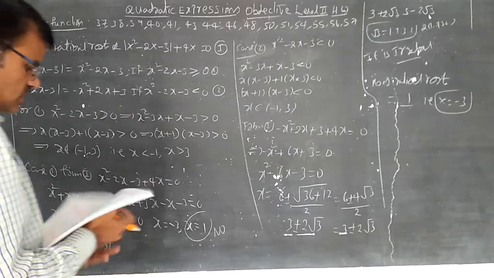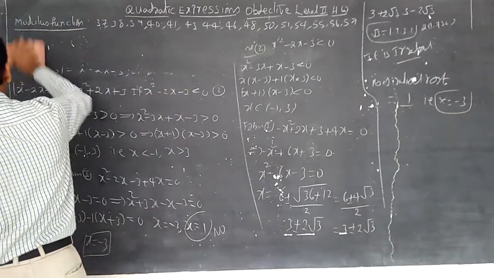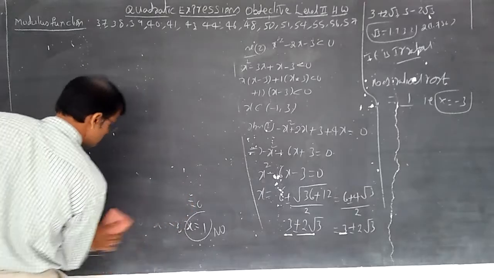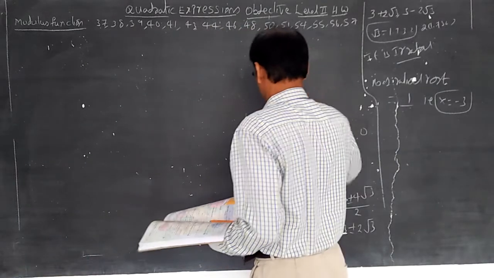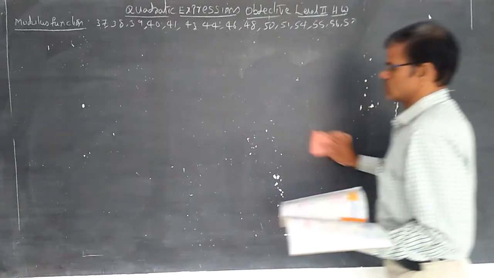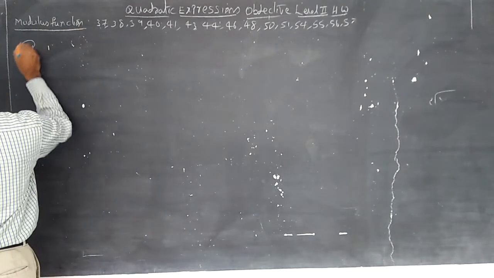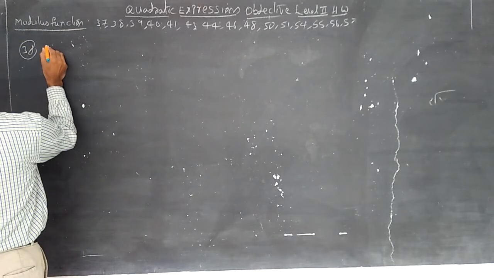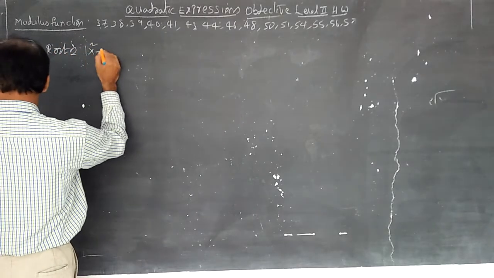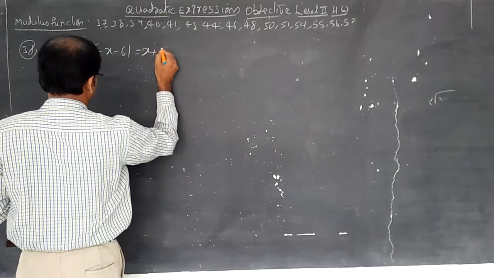Modulus of x square minus x minus 6 is equal to x plus 2. The roots of the equation: modulus of x square minus x minus 6 equals x plus 2.